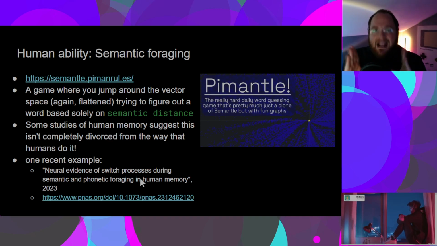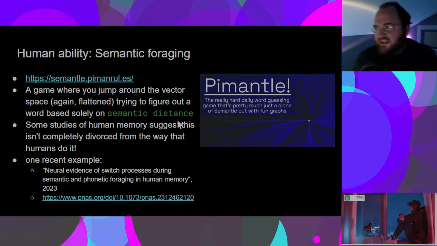We may not do it the exact same way that word2vec does it, but it's not alien from the concept of how we might relate concepts mentally, right? And a game that is fun for this is Pymantle.